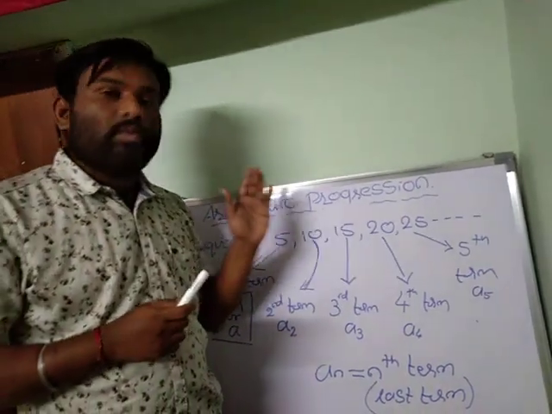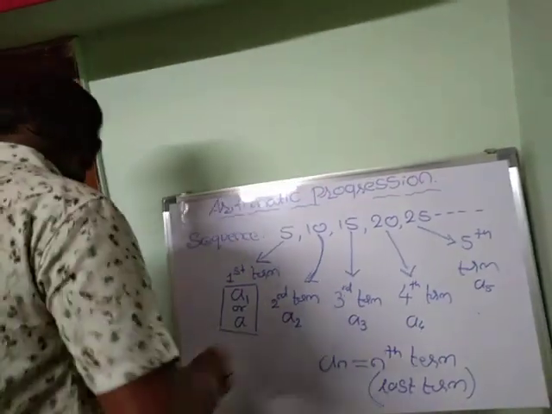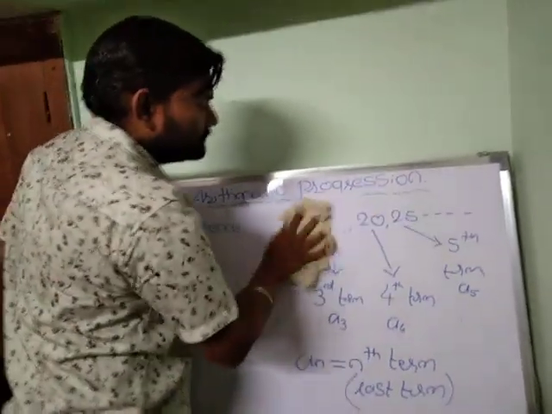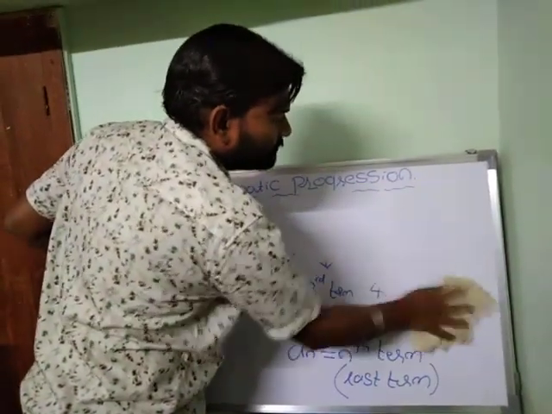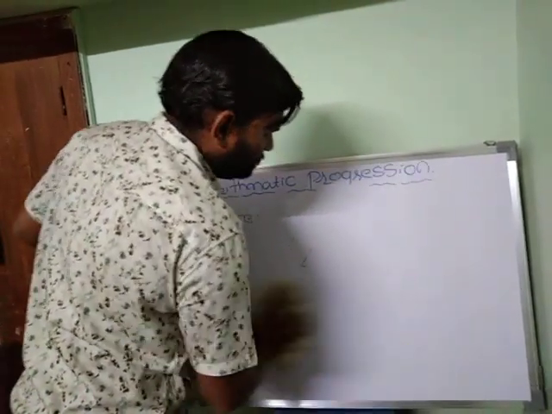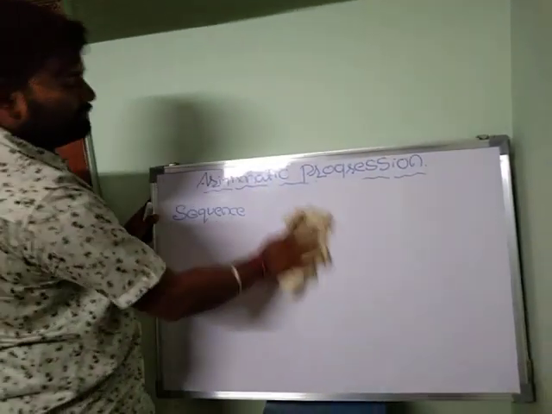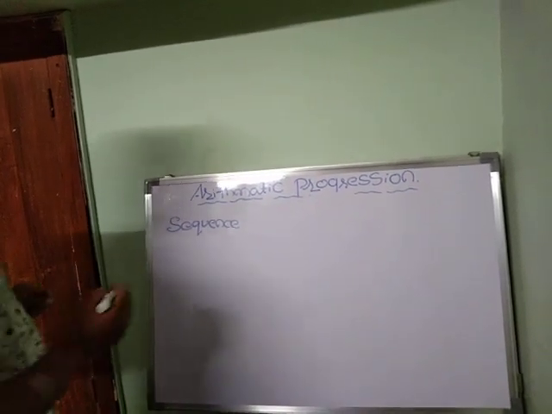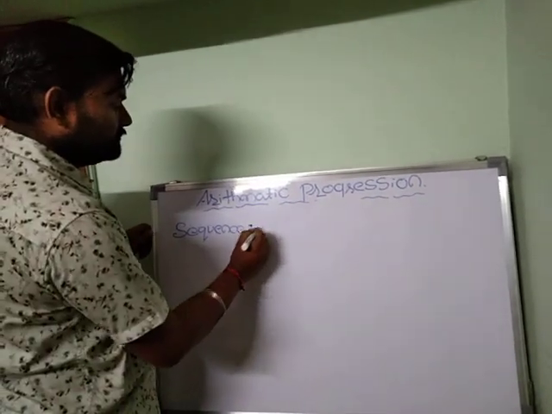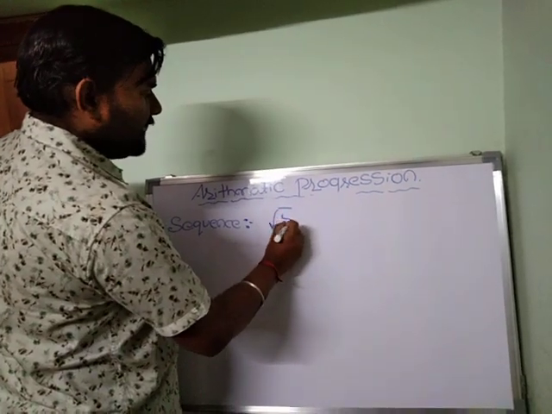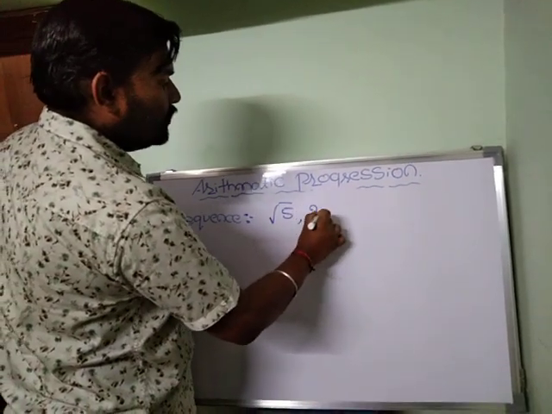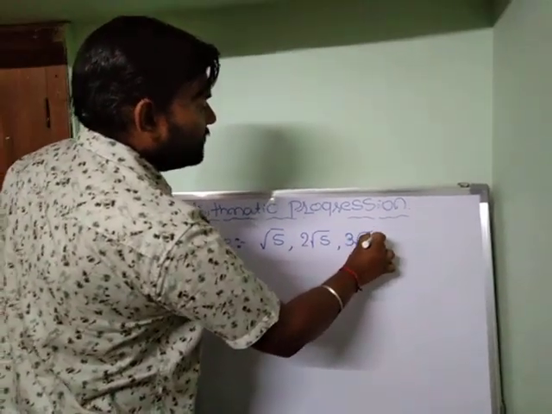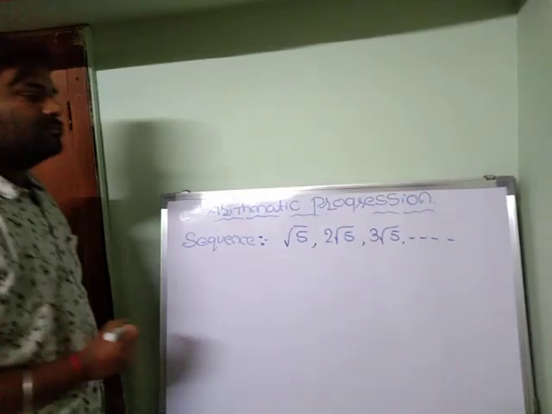Let me take one more example to make it clear. Root 5, 2 root 5, 3 root 5, and so on.